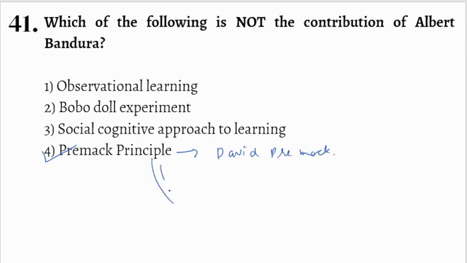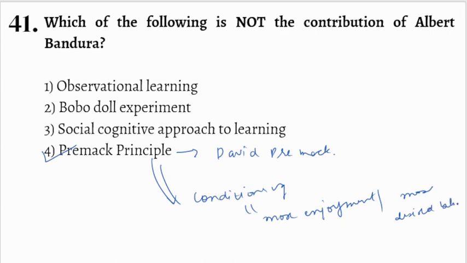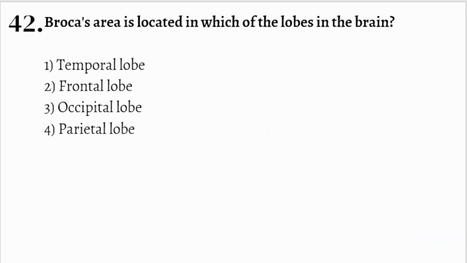Okay, so in order to do conditioning, we would use a more enjoyable or more desired behavior. We would like to use the reward which is more enjoyable for less preferred activities. Okay, moving ahead to the next question.